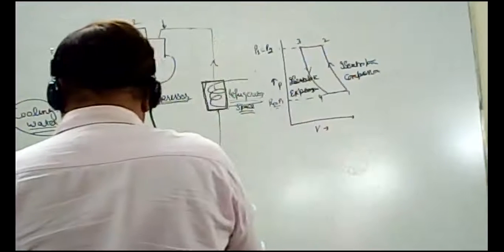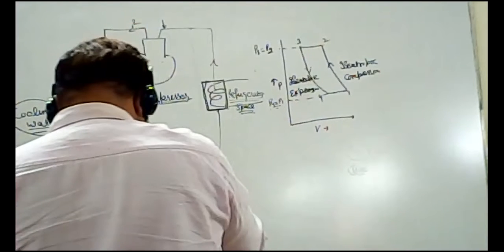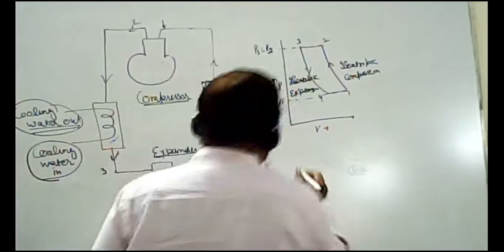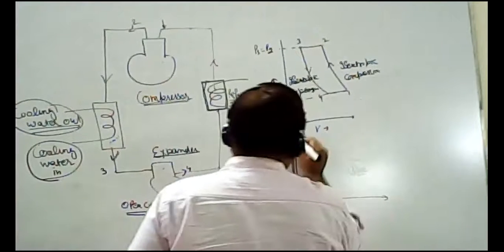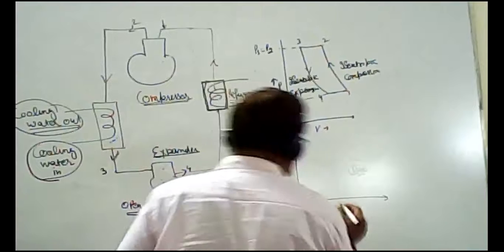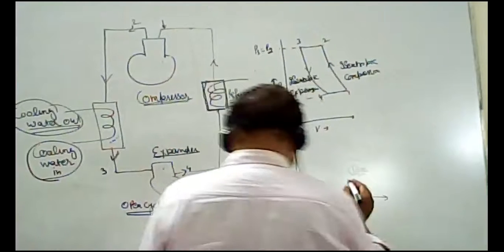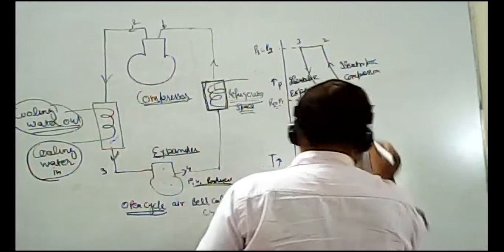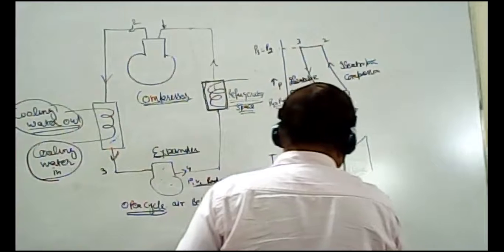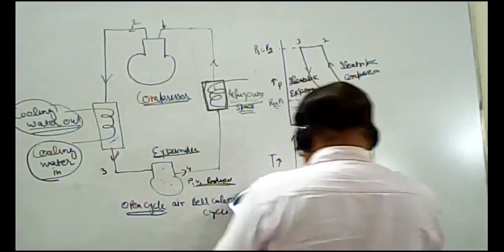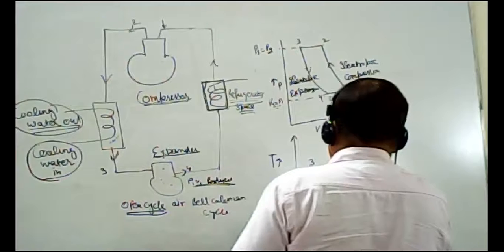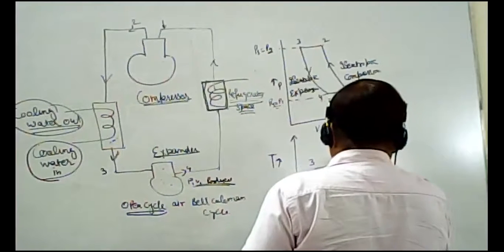So this is the TS diagram of the Bell-Coleman cycle. Everybody must draw this diagram side by side. Look here: 1 to 2, 2 to 3, 3 to 4, and 4 to 1.